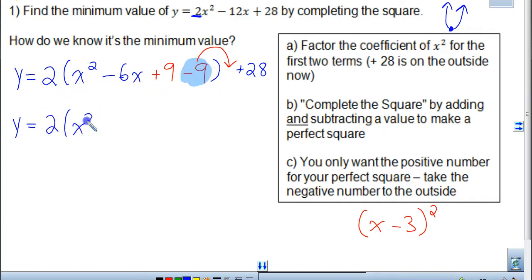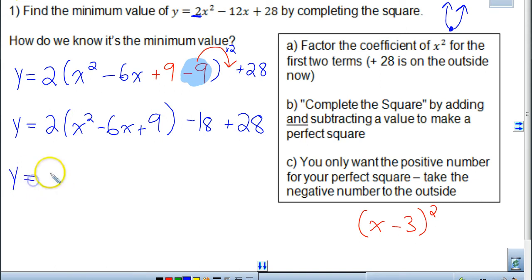So if I want to bring that minus 9 on the outside, so I have just my perfect square trinomial, that will be negative 9 times 2, the coefficient in front of the brackets. So that will become a minus 18. And then we have plus 28 there as well from before. So that negative 9 becomes the negative 18 because it's been multiplied by 2.